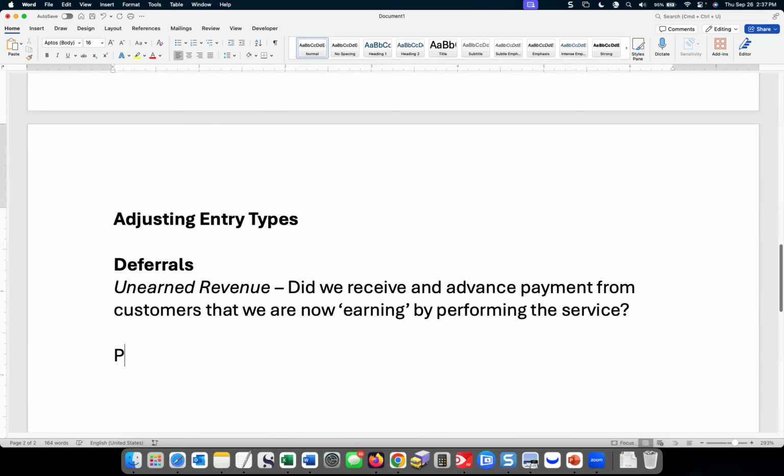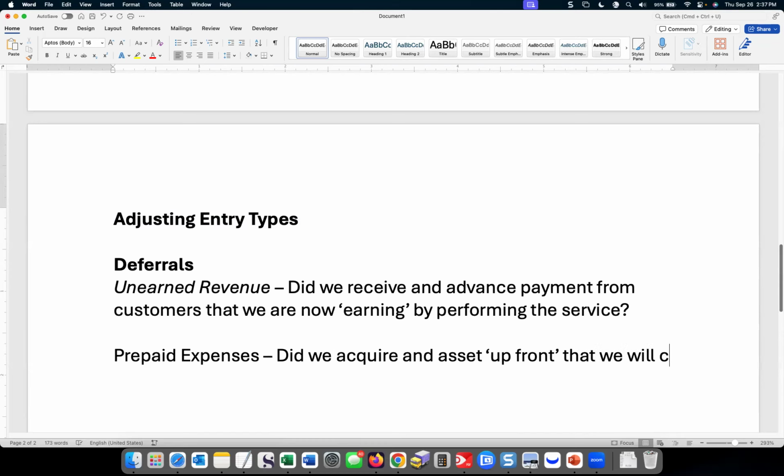So then the other deferral is a prepaid expense. All right. And here's a good question for that. Did we acquire an asset up front that we will charge to expense with use later?